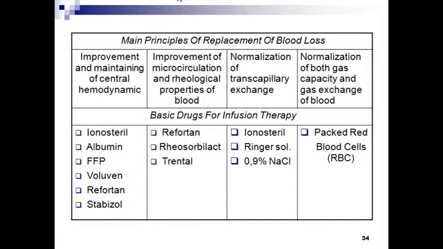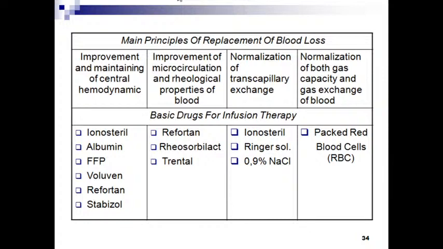We can use blood substitutes with hemodynamic action, such as Ionosteril, albumin, this is a blood component, and fresh frozen plasma, also a blood component. Other drugs are blood substitutes: Voluven, Refortan, and Stabizol. The action is compensation of volume of blood loss.